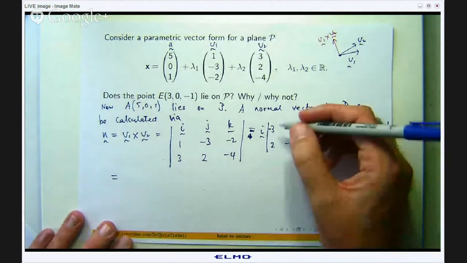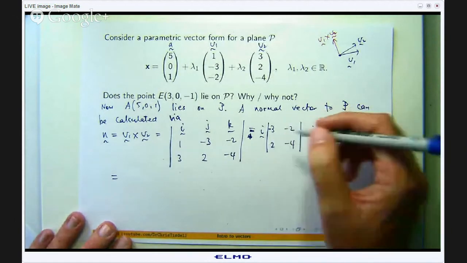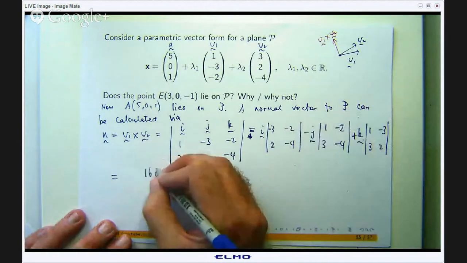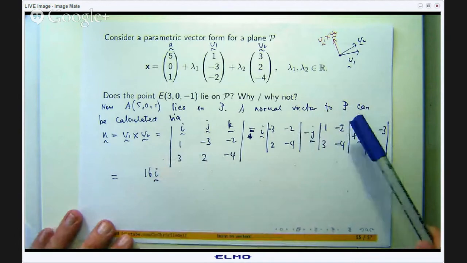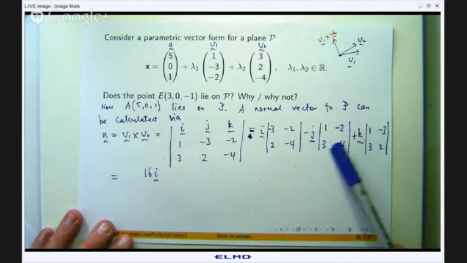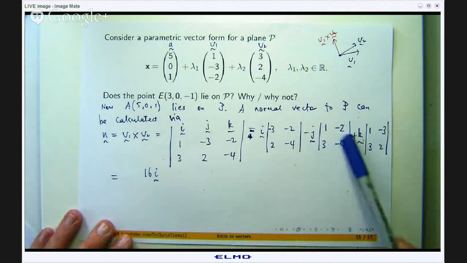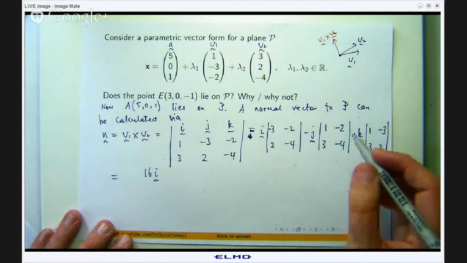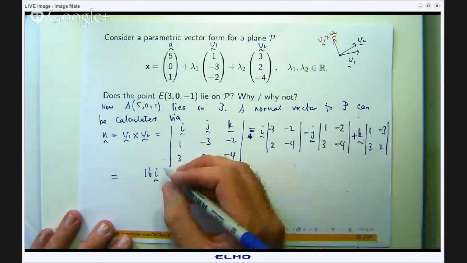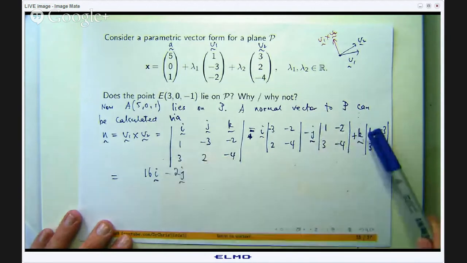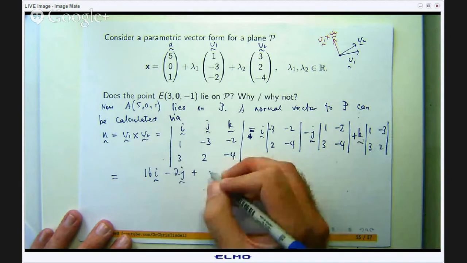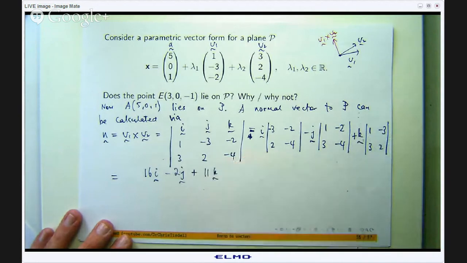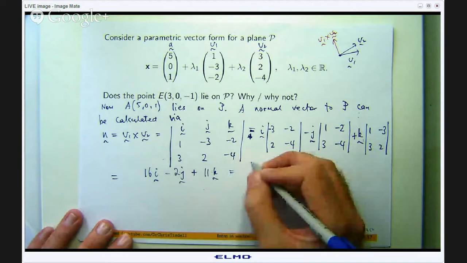So that's going to give me 12 plus 4. Over here I've got -4 minus -6, so the determinant is going to give me a +2, and I'm going to have the negative from the front. And over here, I've got 1 times 2 minus -3 times 9. So that's 2 plus 9, so that'll be 11k. All right, so if I want, I can write that as a column like this.